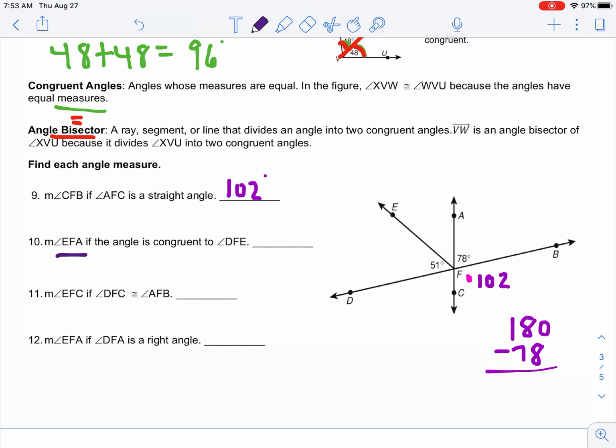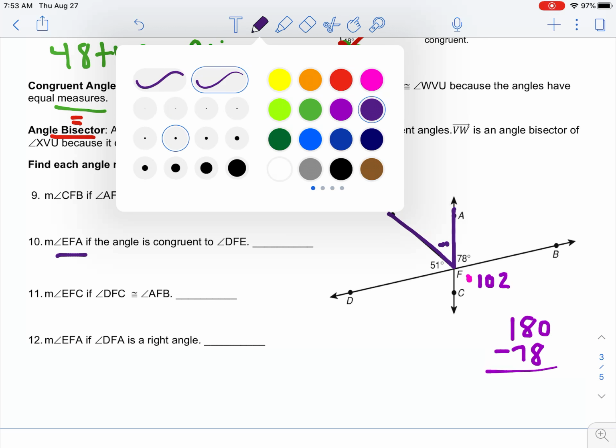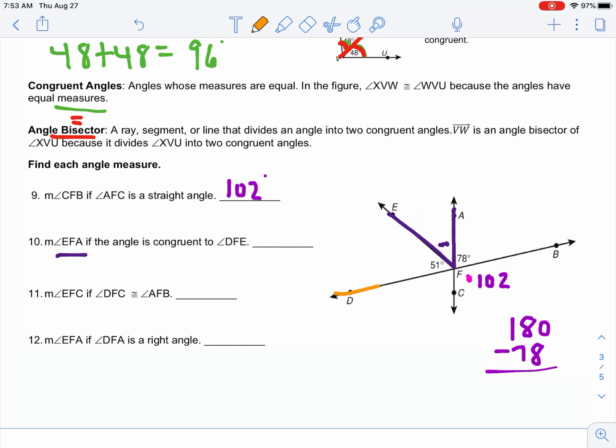EFA. So let's trace E to F to A. We're looking for this purple dot. Now, what we have to do is look for straight lines. You'll notice in this picture, this right here is a straight line, so everything above it has to add up to 180. I have 51, 78, and blank.